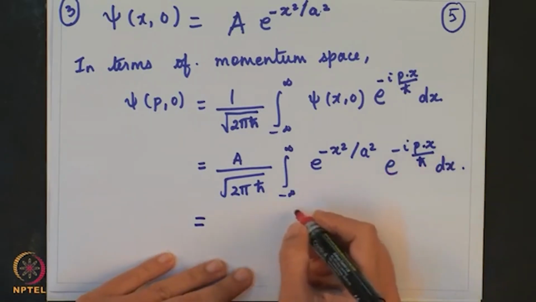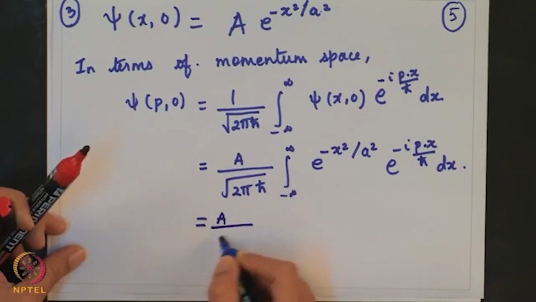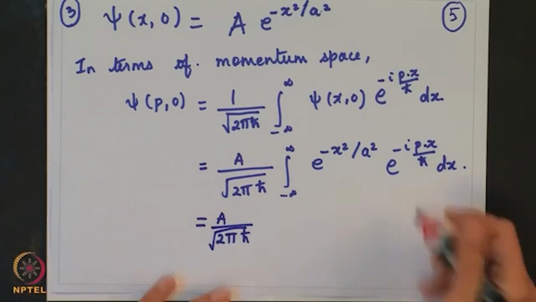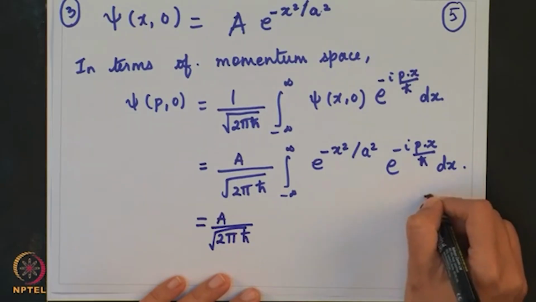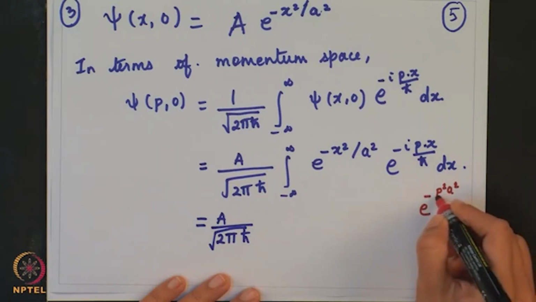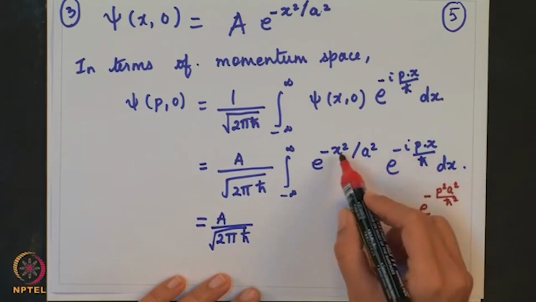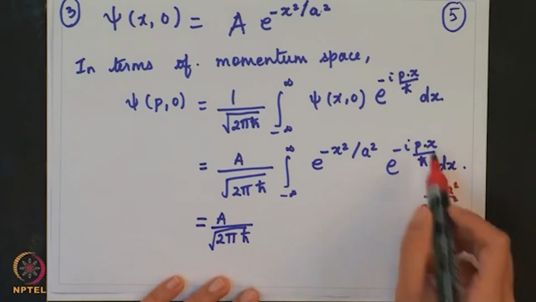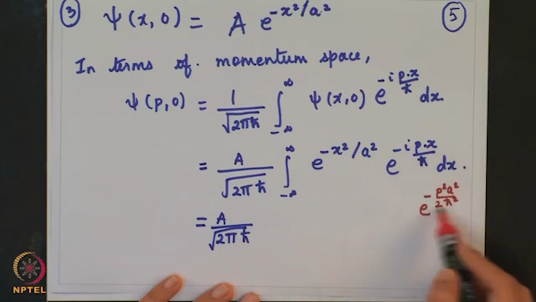So, to this we add and subtract the term e raised to i p square a square upon h cross square. You will have a factor of 2 coming from this, this is the square term, this is a product term, and then again a square term.